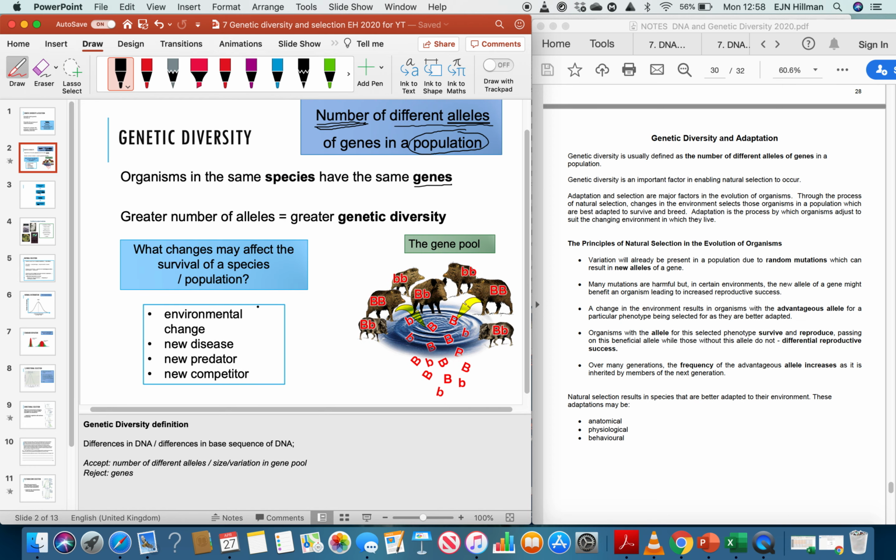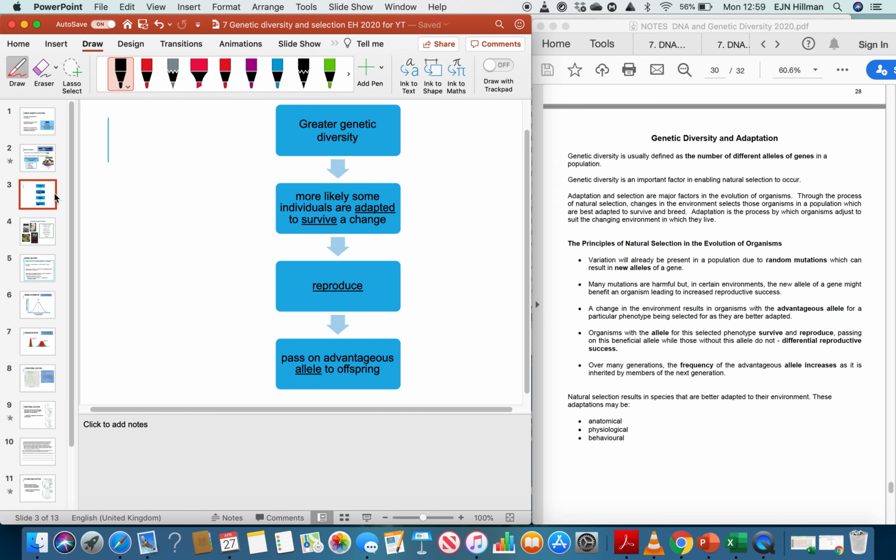So maybe that change is the environmental change or the new disease or predator or new competitor. Those that are better adapted to survive are able to reproduce more. So if they reproduce more, they pass on the advantageous alleles that make them better adapted more often.